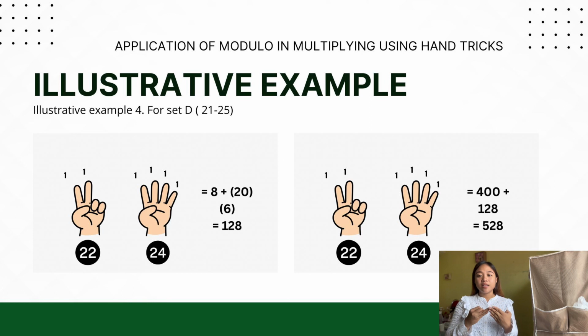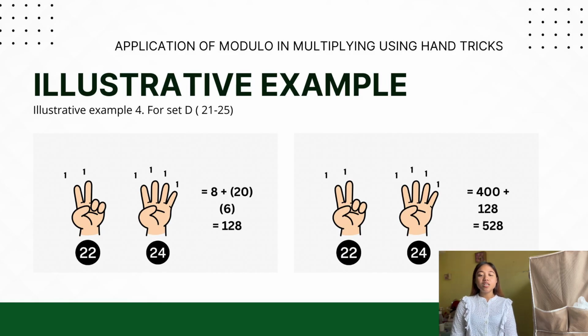And then the next step, we are going to add 4 plus 2, and we are going to multiply it by 20. So 4 plus 2 is 6 times 20, that is 120. And now we are going to add those two, which is 408 plus 120, which gives us the answer of 528. And 22 times 24 is 528.